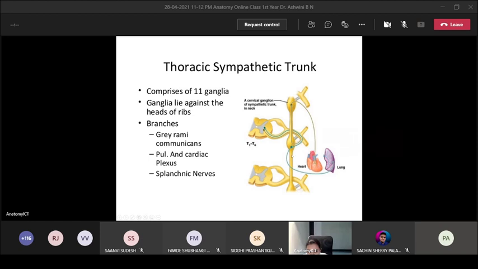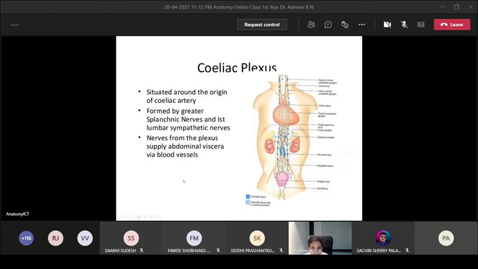The distribution is the same again, through the grey rami communicans. The branches from the thoracic sympathetic trunk form the cardiac plexus and supply the heart, and also form the splanchnic nerves, which supply the abdominal organs. The splanchnic nerves form a celiac plexus along the celiac trunk from the abdominal aorta.